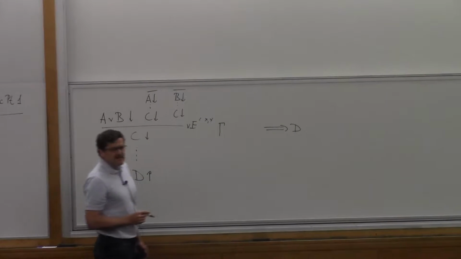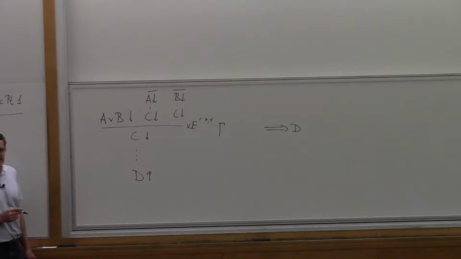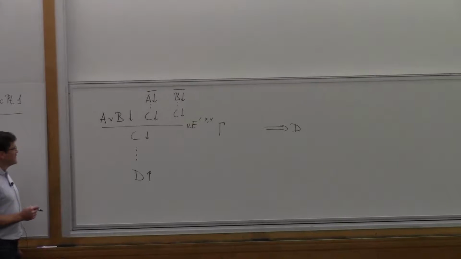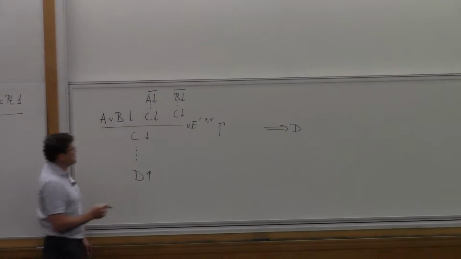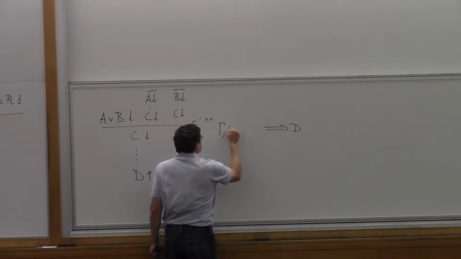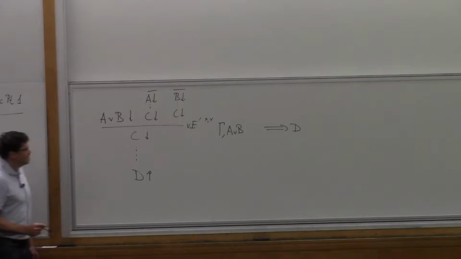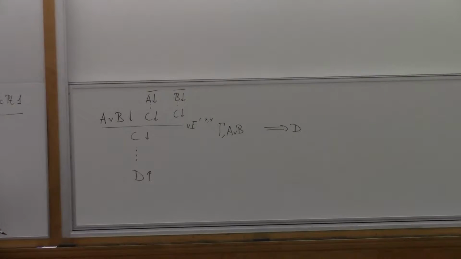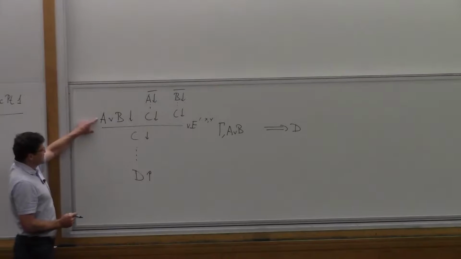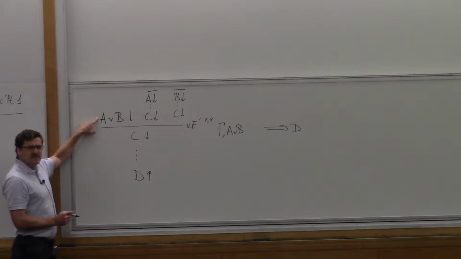So far, hardly any controversy can erupt. Now, we're supposed to be able to use A or B, so that should be over here. When we start, we shouldn't have anything else, should we?